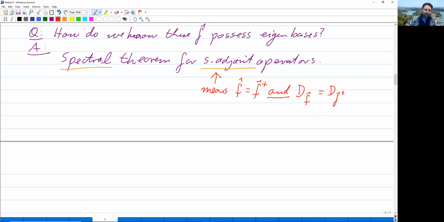Again, sounds like a subtlety that might as well be overlooked, but actually there's very interesting physics in this, as we will see later in this course. All right, so we defined what self-adjointness means.